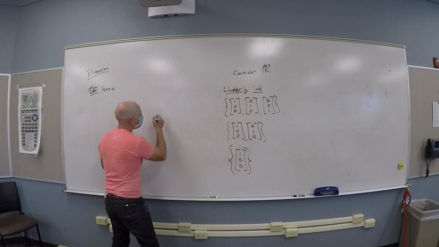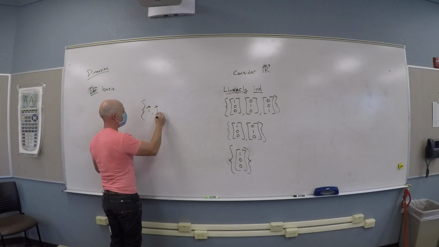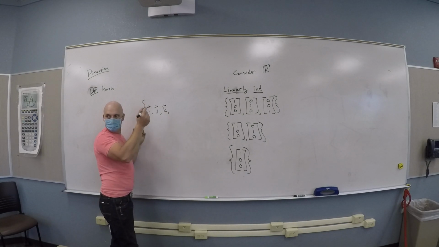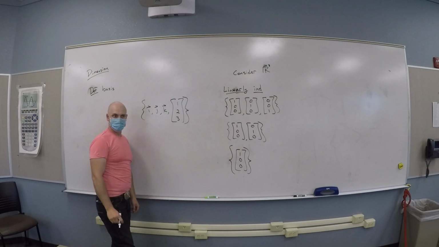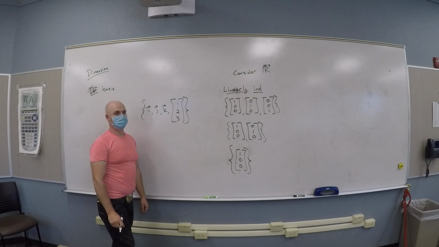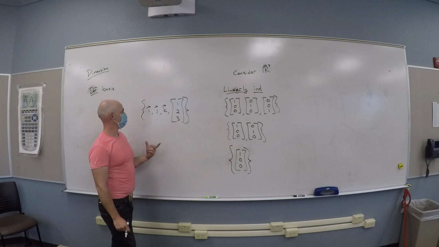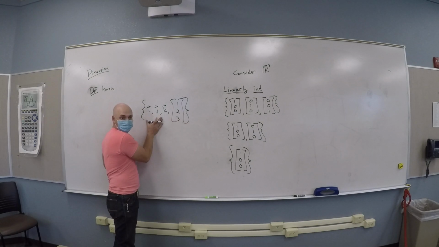What if I took that set, i, j, k, and, I don't know, 1, 2, 3? That'd be independent? No, that is dependent. Why is this dependent? Because it's 1i plus 2j plus 3k. Good. You guys see that? I can make the fourth vector out of a couple of these.